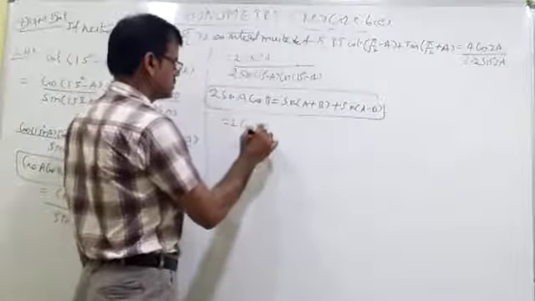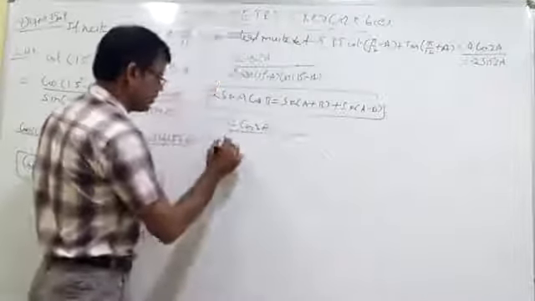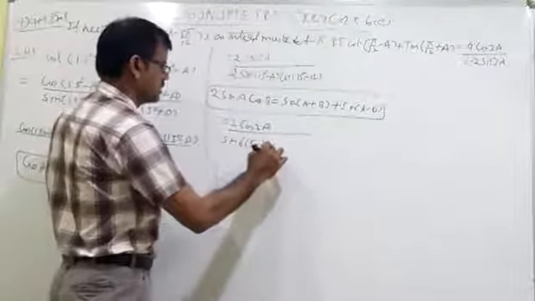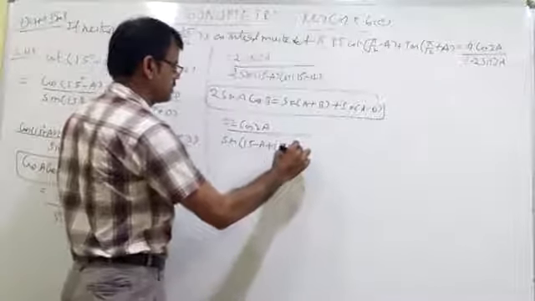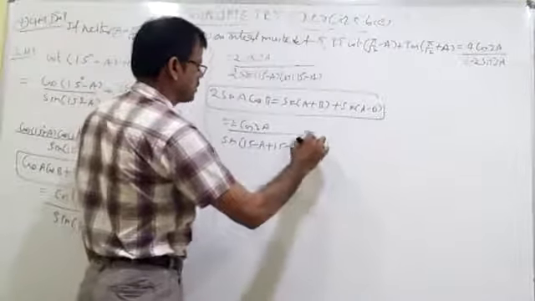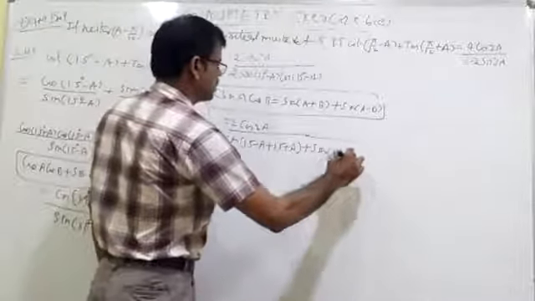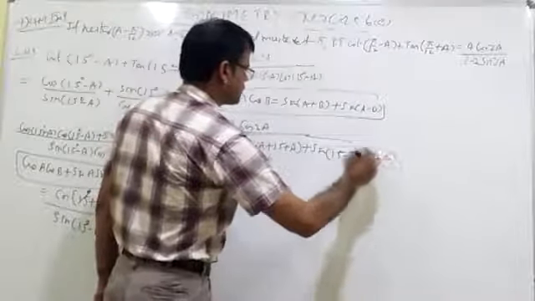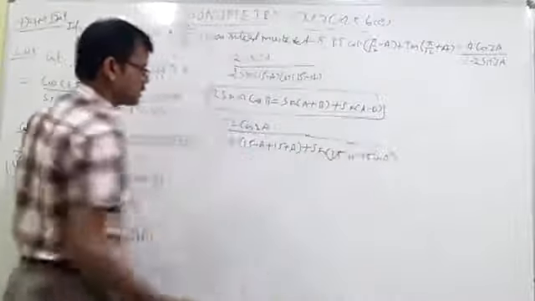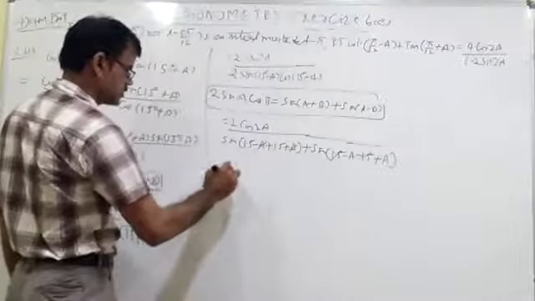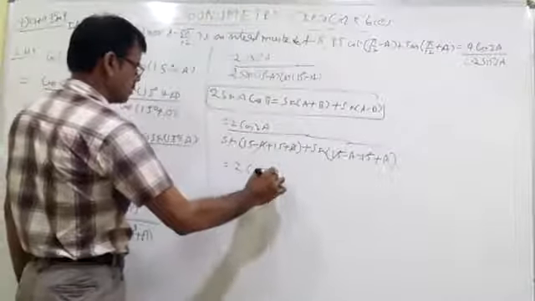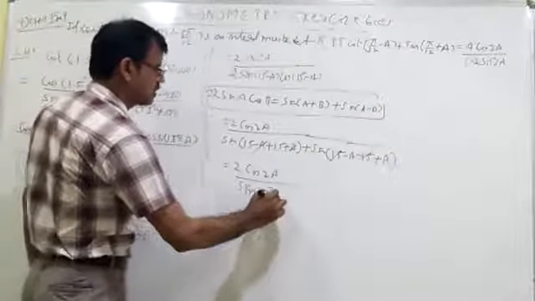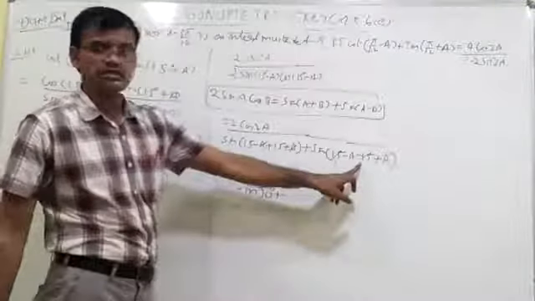Now write like this: 2 cos 2a by, now apply the sin of (a plus b) concept: sin of (15 minus a plus 15 plus a), plus sin of (a minus b), so 15 minus a minus 15 minus a, minus becomes plus here. 15 and 15 get cancelled, minus a cancelled. The numerator is 2 cos 2a by sin 30 plus sin of minus 2a.